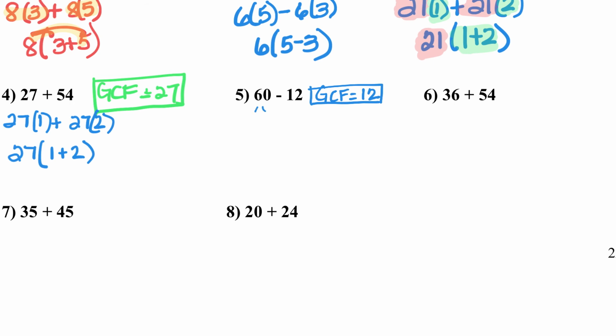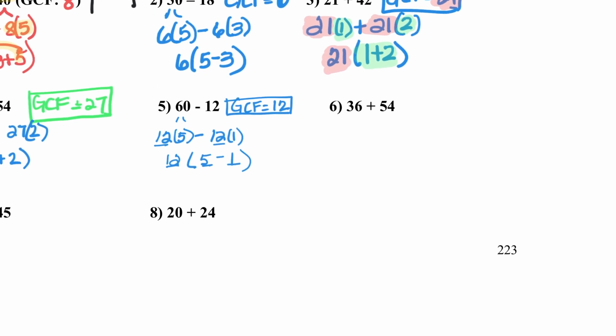So 60 is 12 times 5 minus 12 times 1. So using the reverse distributive, what's going to happen? I know I'm going to have something here, and that's going to be subtraction. So what am I going to wind up with? 12 on the outside, 5 minus 1 on the inside, and we're done.